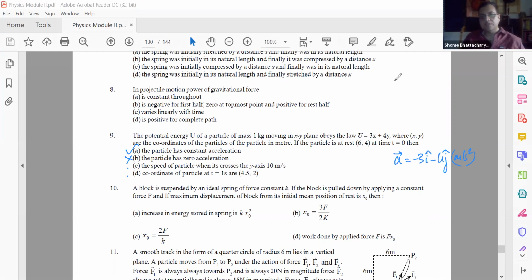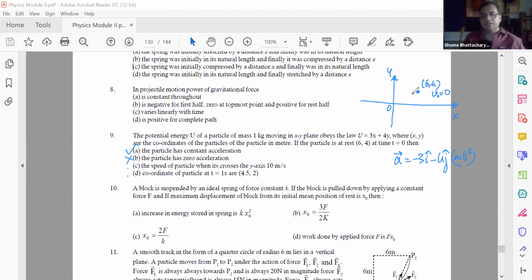For that we have to understand the motion: the particle starts from rest from somewhere here, let's say (6, 4), and its initial speed is 0. Now what about its acceleration vector?